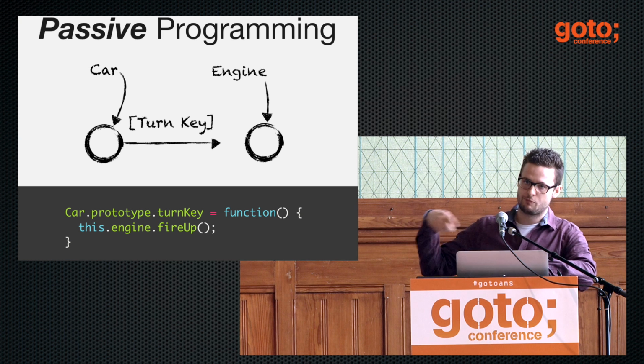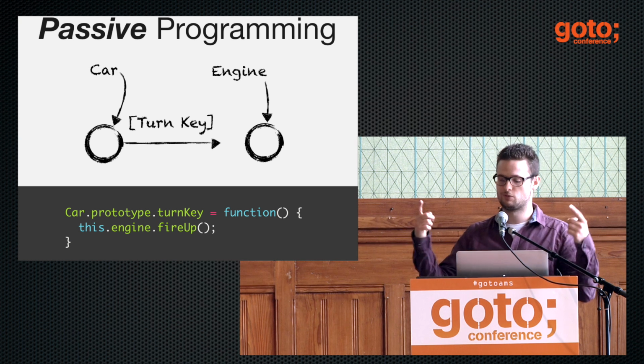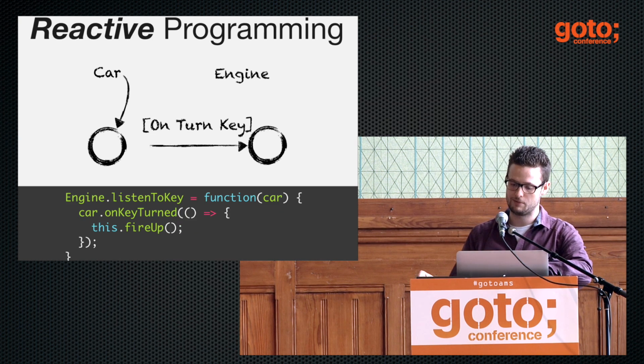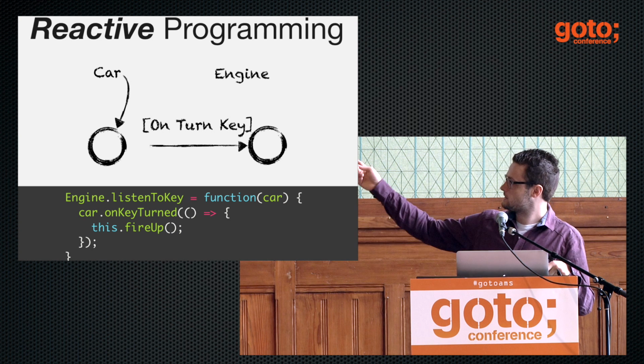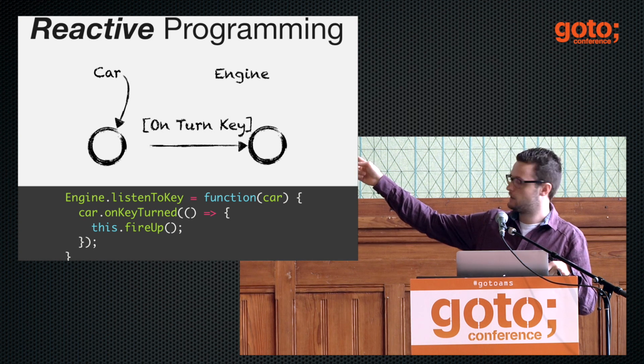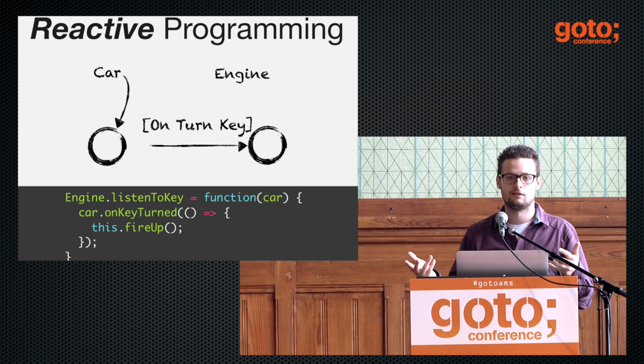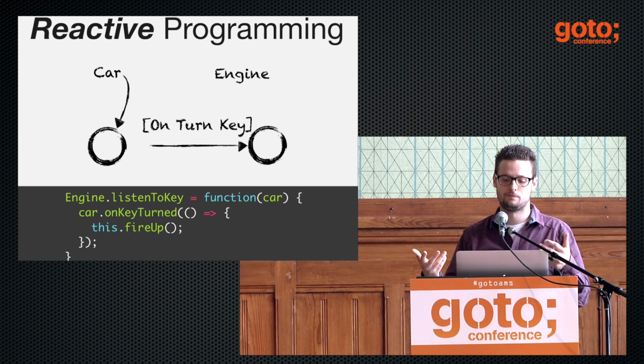So reactive programming inverses this relationship. In reactive programming, the engine knows when it fires up, and the car does not know that it manipulates the engine. And in this case, it does so via a callback mechanism. So whenever the car onKeyTurned event is triggered, the engine fires itself up.